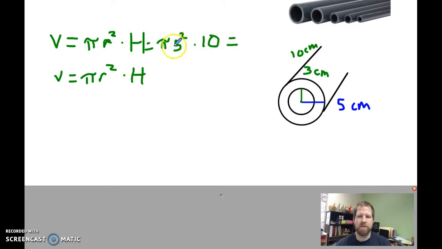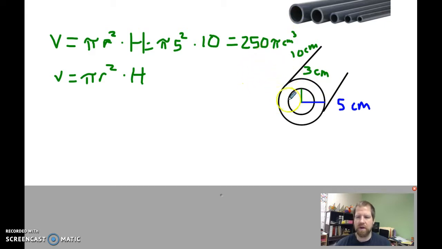All right, 5 squared is 25 times 10 is 250. So this is going to be 250 pi centimeters cubed, right? If this was a solid bar, it'd be 250 pi centimeters cubed of steel or plastic or whatever it was made of.